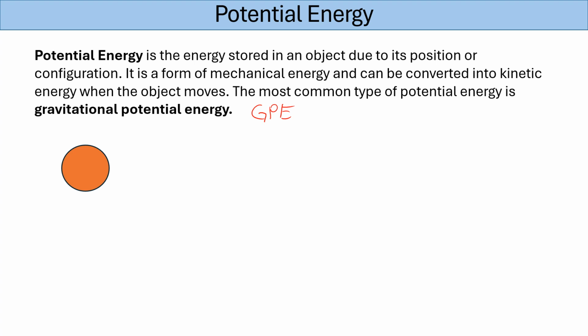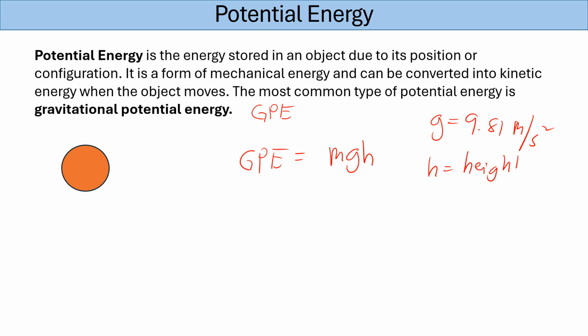This GPE is actually equal to mgh, where m is again the mass and g is the gravitational value, which is 9.81 meters per second squared because we're here on Earth, and h is the height. So again, our gravitational potential energy is only dependent on the mass and the height.